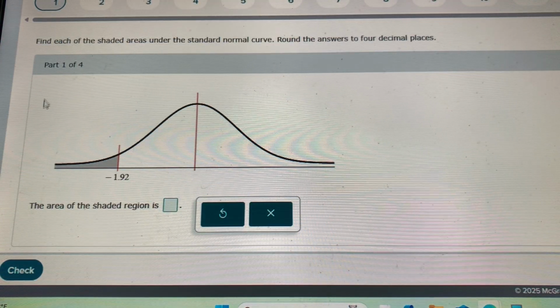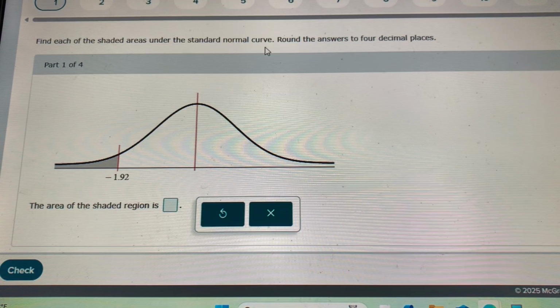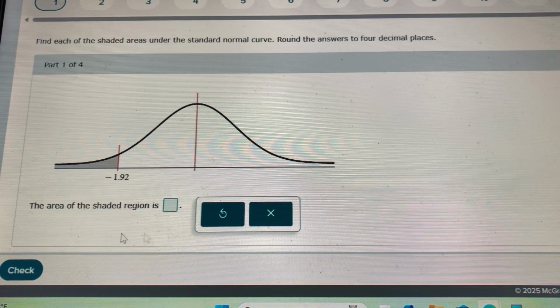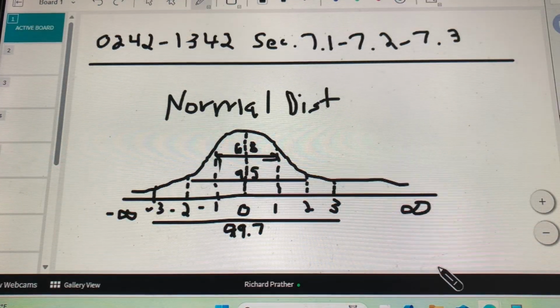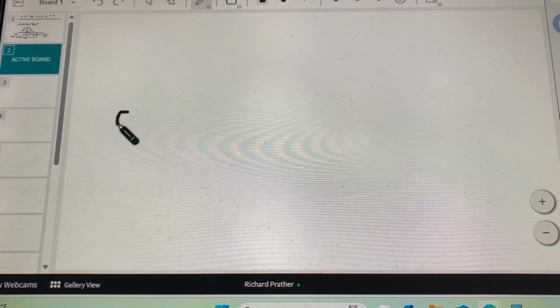So here it says, find each of the shaded areas under the standard normal curve, round to 4 decimal places. Okay, the good news about most of this chapter is you're doing 2 things for pretty much the whole chapter.